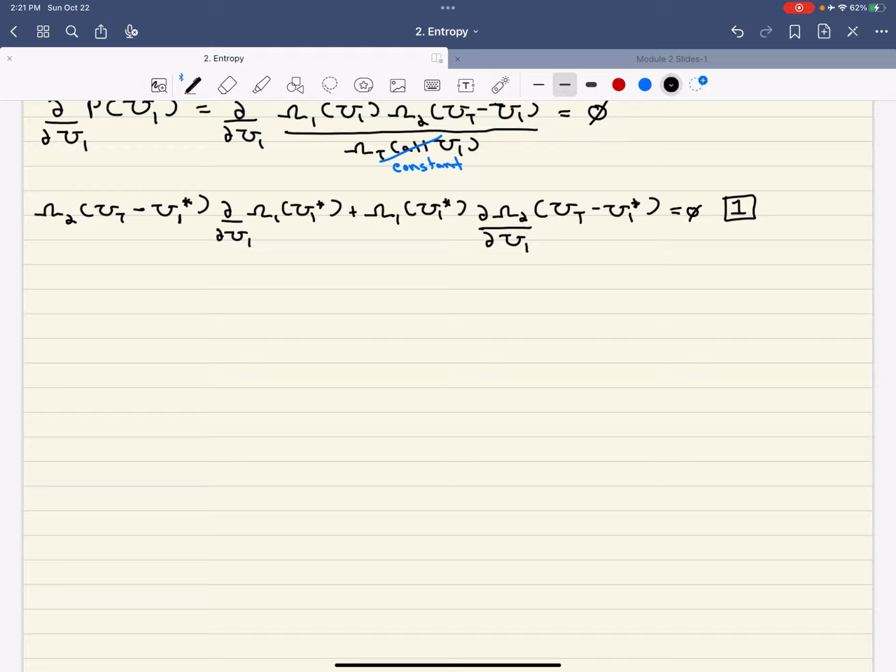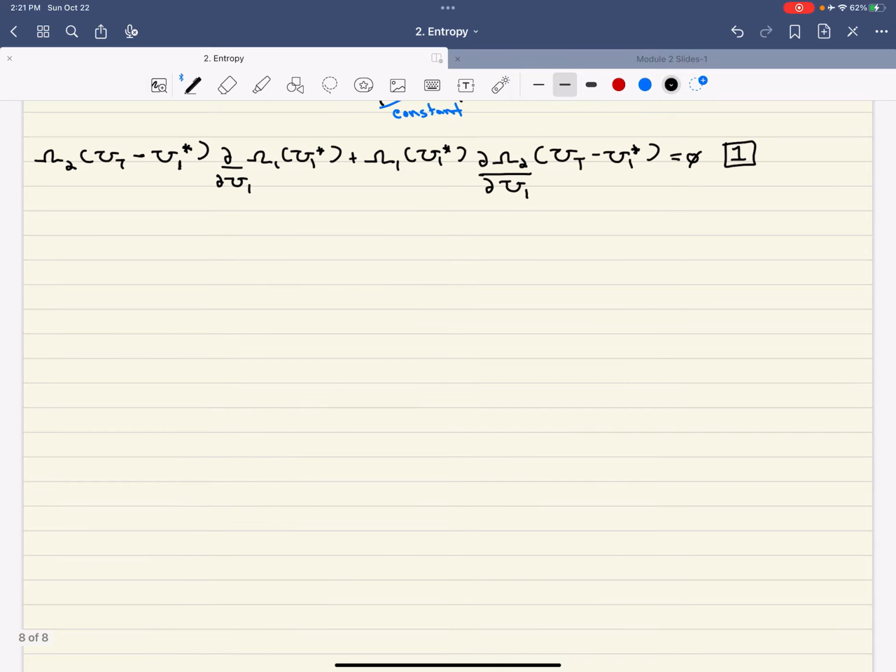One thing I should point out is that we know the total internal energy is conserved, and that's just equal to U1 plus U2. So this is a constant. So if we take the derivative of Ut, that's equal to 0, and that would give us dU1 plus dU2. And as a result, we know that dU2 is just equal to the negative of dU1.